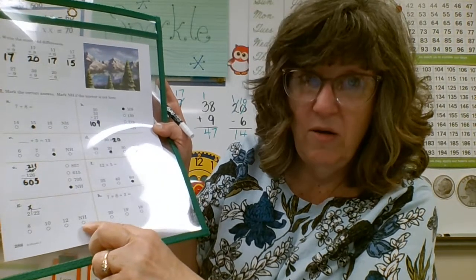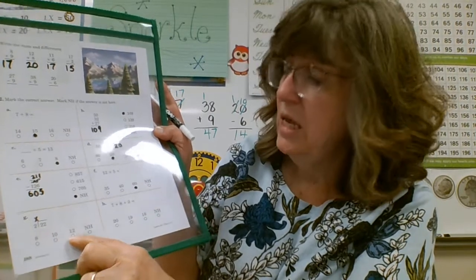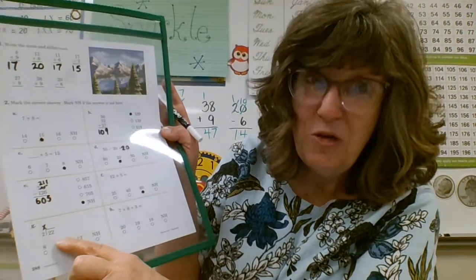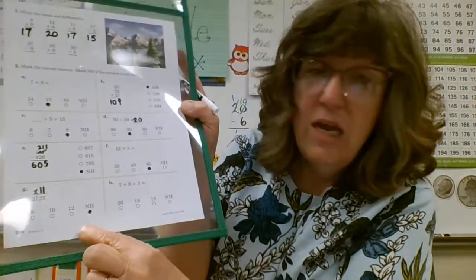Is it 2 times 12? Or is the answer not here? Let's see. What's 2 times 8, Ben? 16. 2 times 10? 20. 2 times 12? 24. Is the answer there? No. Do you know what 2 times? Yes, it is 2 times 11. And we are going to mark not here. Good job.